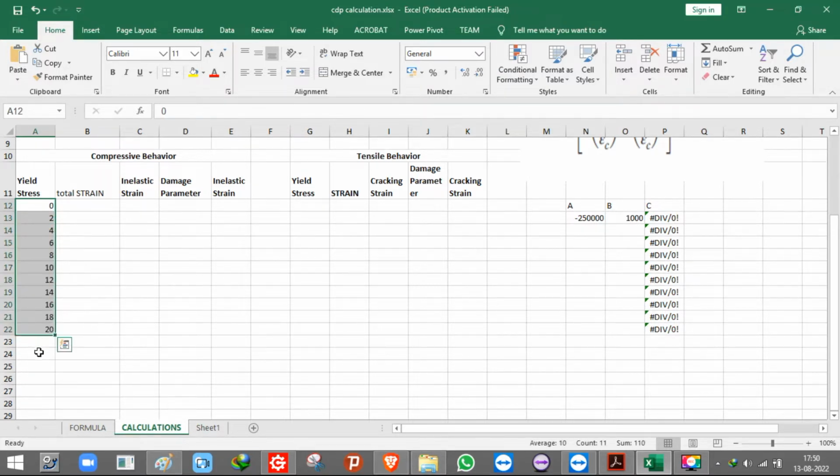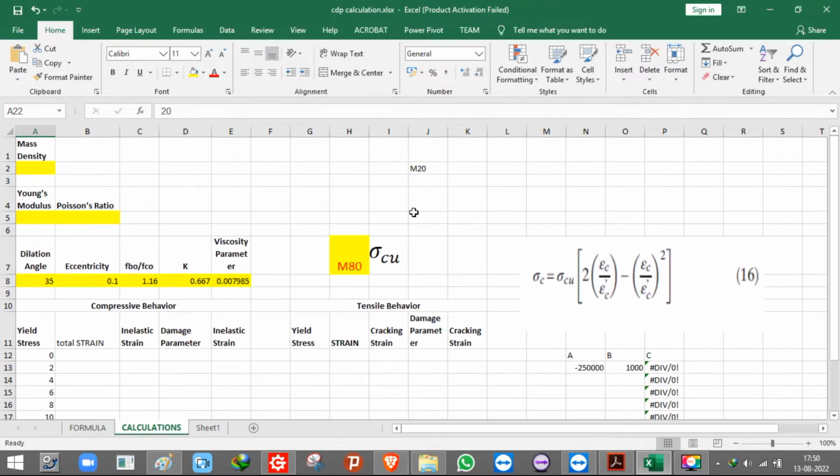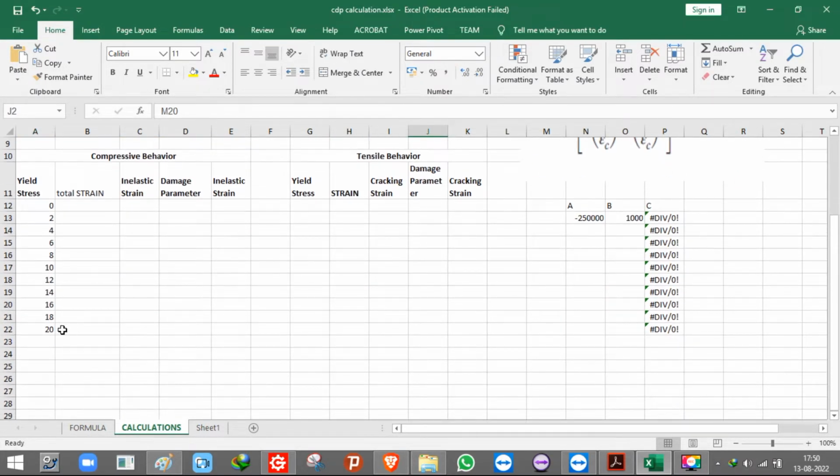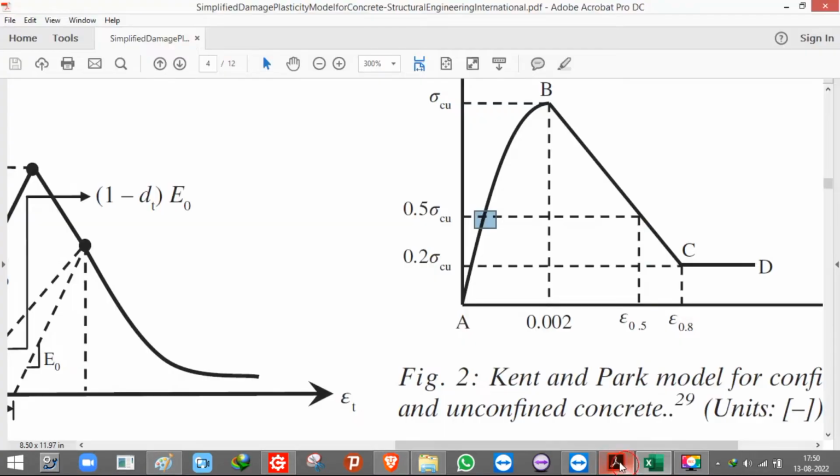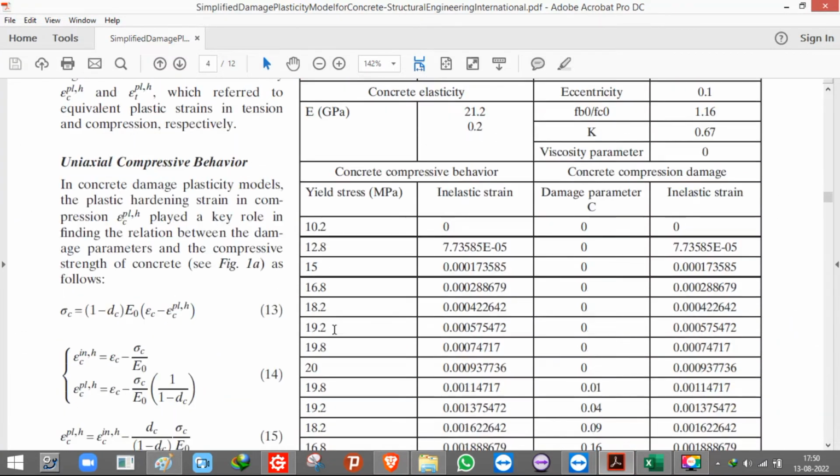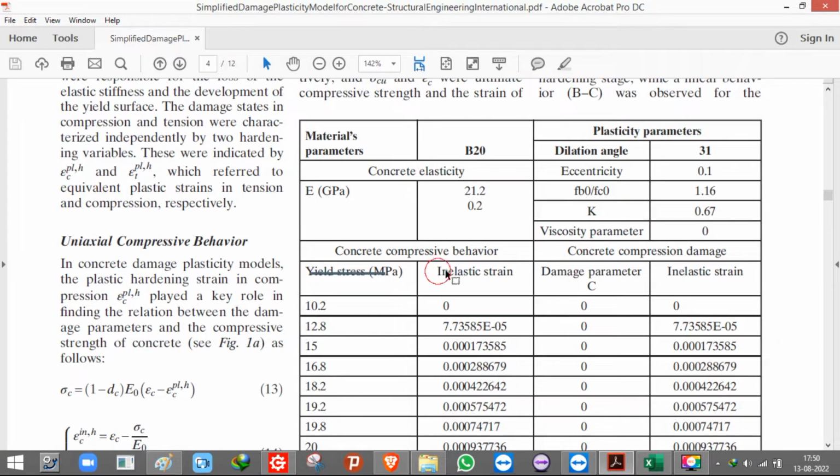20. Okay, so what Kent and Park says is, 0.5 of 20, here sigma Cu will be 20, so 0.5 of 20 will be 10. So up to this point the behavior is elastic, and after that inelastic behavior starts. And the data we need in concrete damage plasticity is yield stress and inelastic strain.